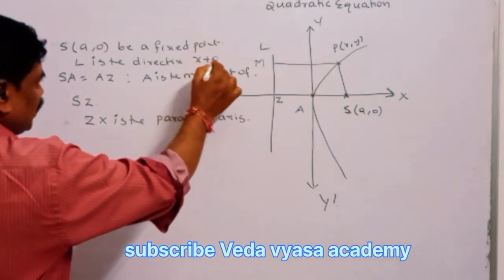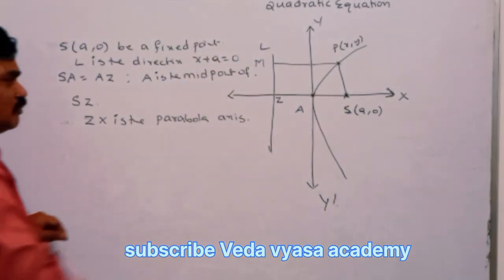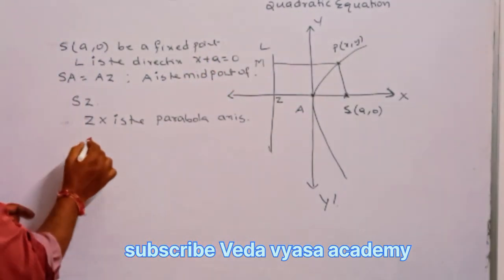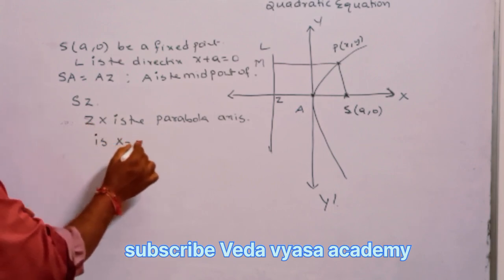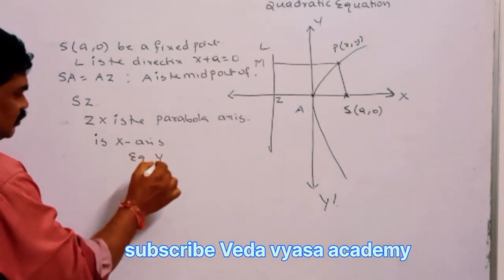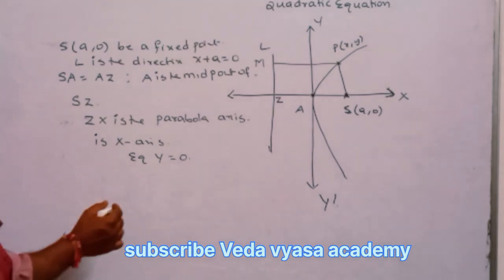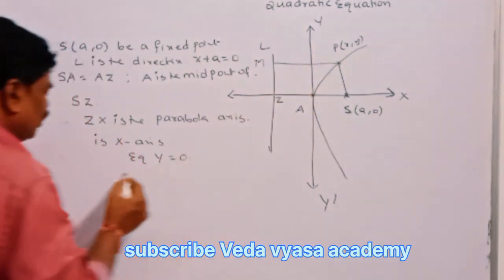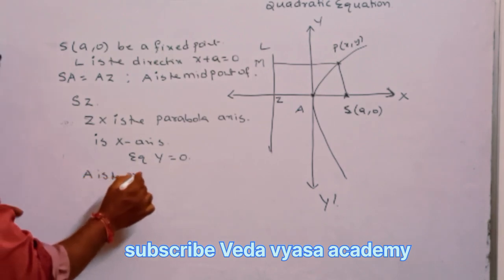The directrix x plus a equal to 0 is parallel to the y axis. Here ZX is the x axis, whose equation is y equal to 0, and here A is the origin.